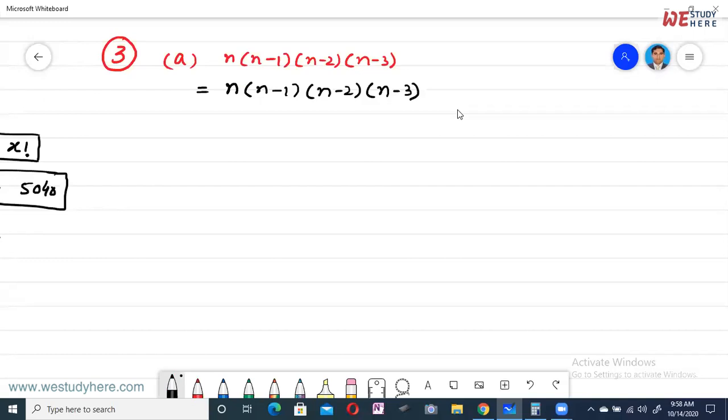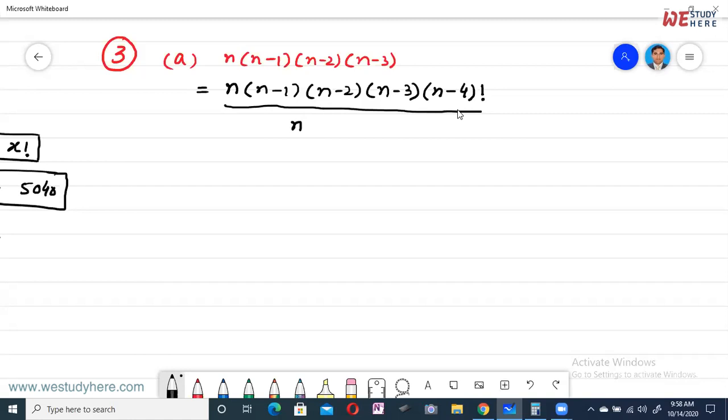This will be complete when there will be n minus 4, n minus 5, up to 3, 2, 1. Meaning if we write here n minus 4 as the next factor and place the factorial notation with that, then we can write this completely in the form of factorial. But this n minus 4 factorial was not available in the question.